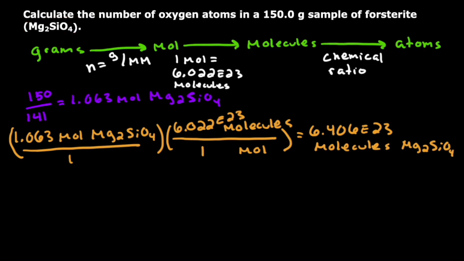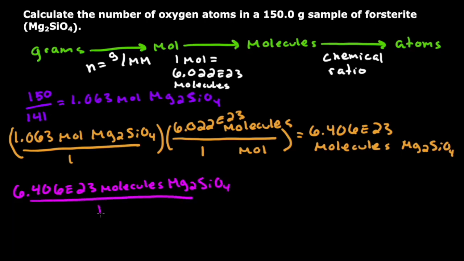And so what I'll do is take this 6.406 times 10 to the 23rd power, and that's going to be molecules of this Mg2SiO4 like this. And that's going to be over 1. And what I'm going to do is something similar to up here.